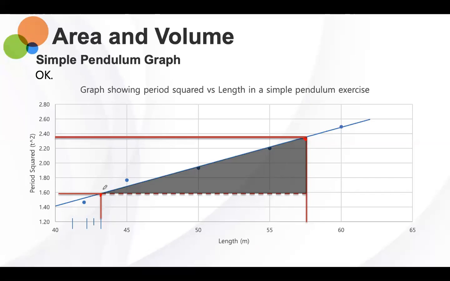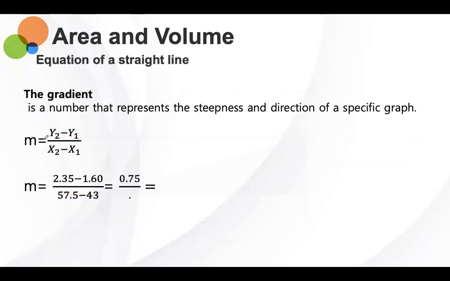So we take this particular graph between the first 2 points and between the last 2 points, right? And we find the value for these. So this is our formula for gradient: y2 minus y1 over x2 minus x1.